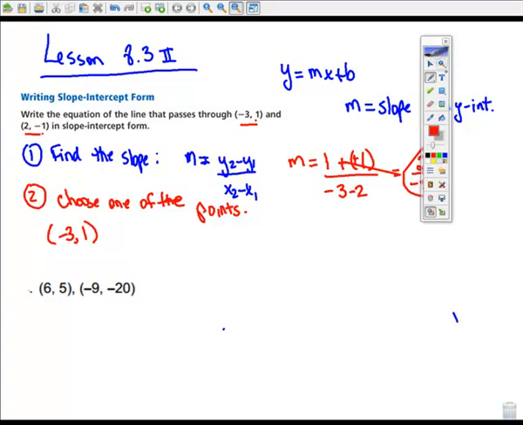Now remember that this is x and this is y.